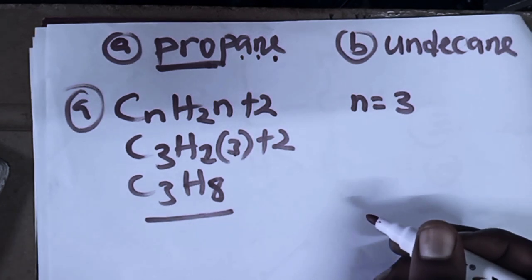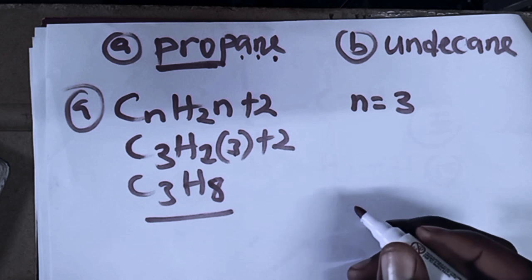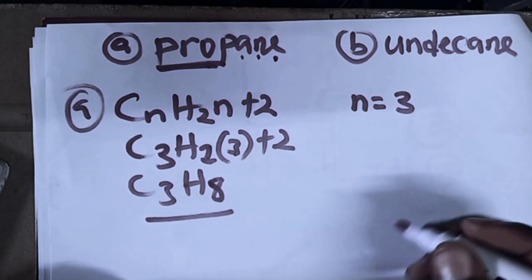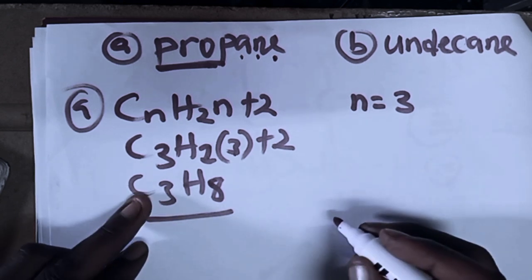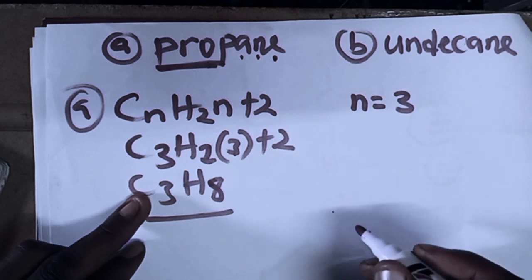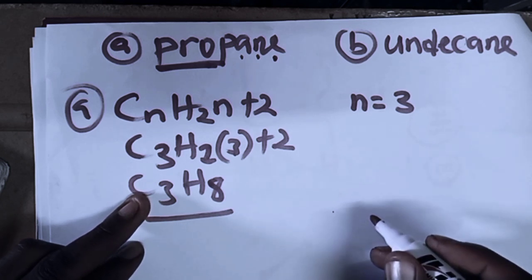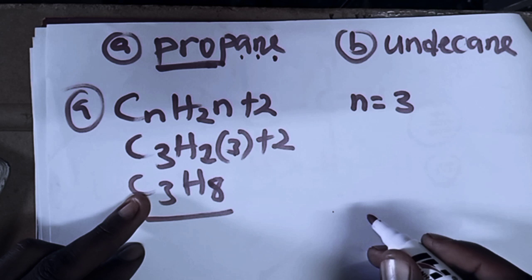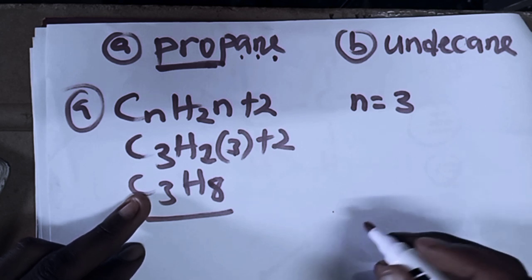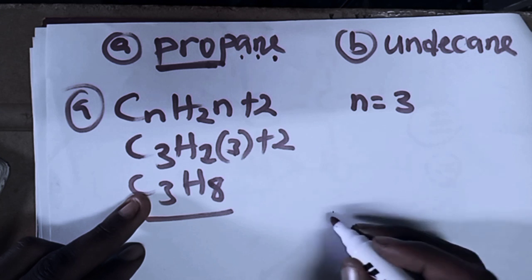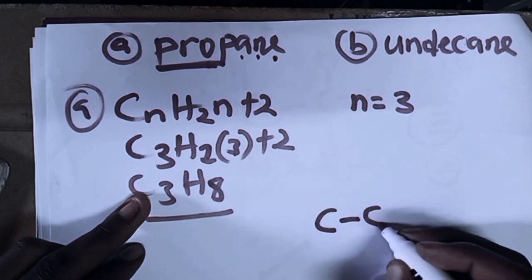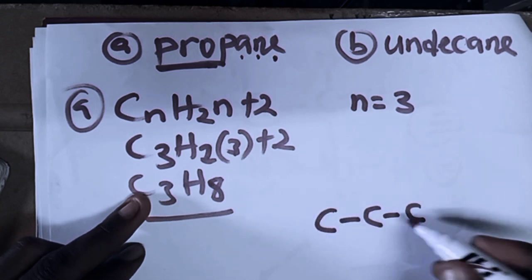How about the structure formula? So the structure will be, you get the 3 carbons. By the way, carbon has 4 bonds. Carbon is surrounded by 4 bonds to obey the octet rule. So we have carbon, carbon, carbon. How many bonds are we having here?